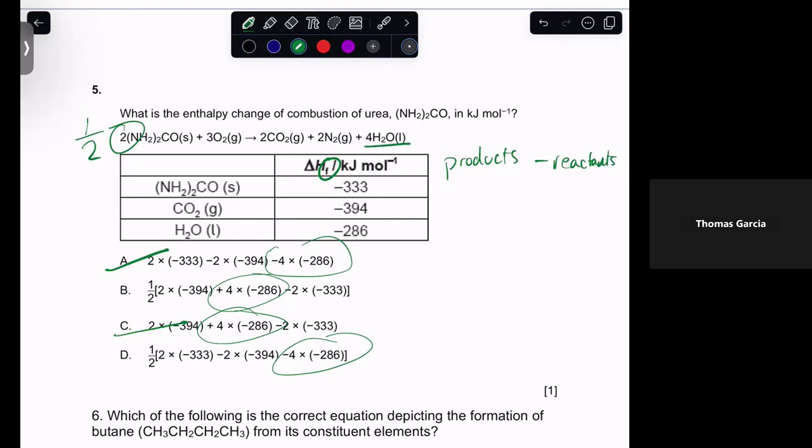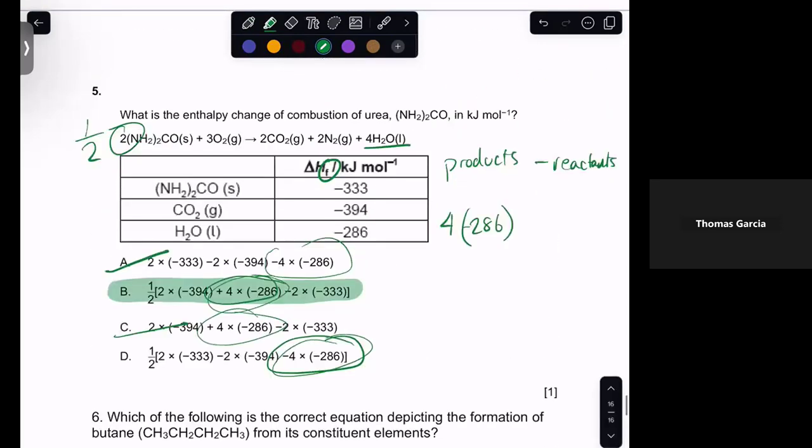So when we look at water in this case, it should be 4 times our value of negative 286. You'll notice that in B, we do have 4 times negative 286, but in D, we have negative 4 times negative 286, meaning they carried a negative through. Because of that, we know our answer must be B without having to do any of the work.